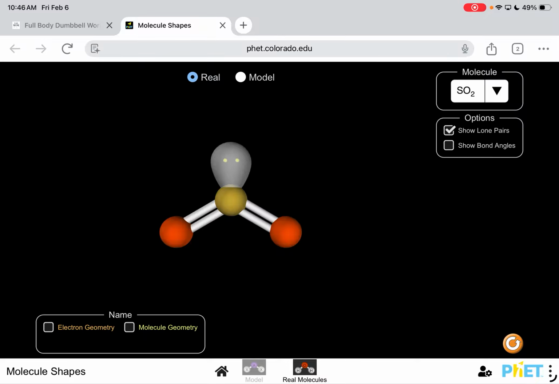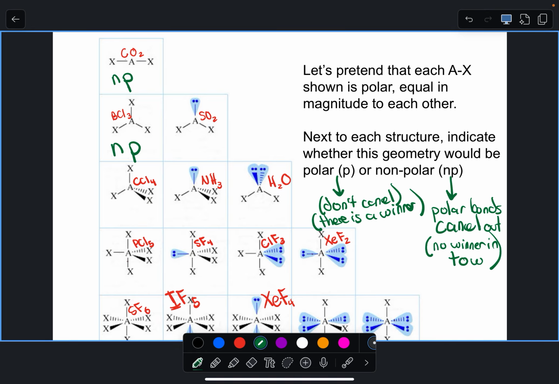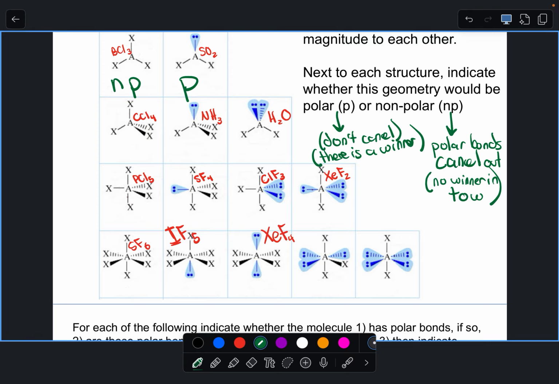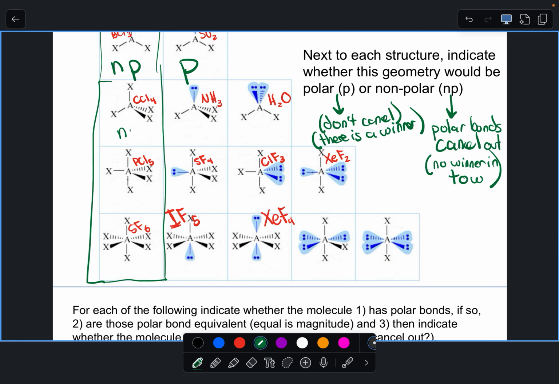All right. So SO2, because of that lone pair, it's offset in such a way that it would be polar, okay? So this guy would be polar. All right? Now, I'm going to give you a hint. This is not a 100% answer, but whenever you have these kind of original geometries, the ones that have all bonds, those are always nonpolar, assuming all the external atoms are the same.